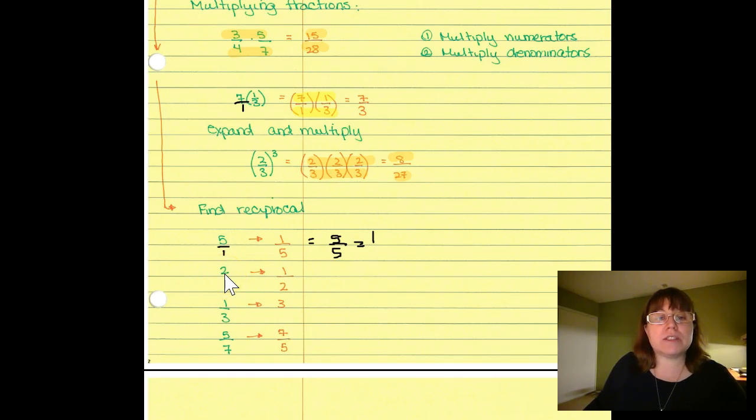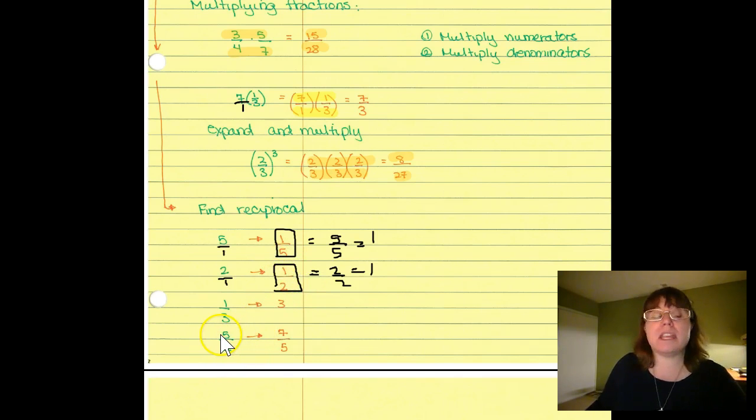Well, let's try the next one. 2, that's really an implied 2 over 1. 2 times 1 is 2, and 1 times 2 is 2, therefore it's 1. So our reciprocal of 5 over 1 is definitely 1 over 5. Our reciprocal of 2 over 1 is definitely 1 over 2.